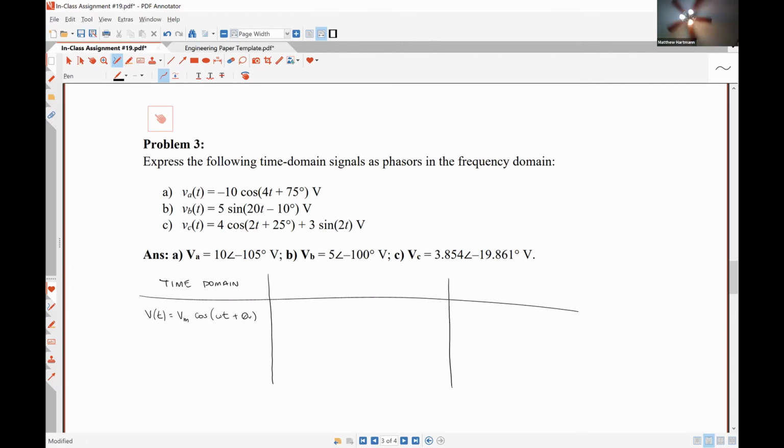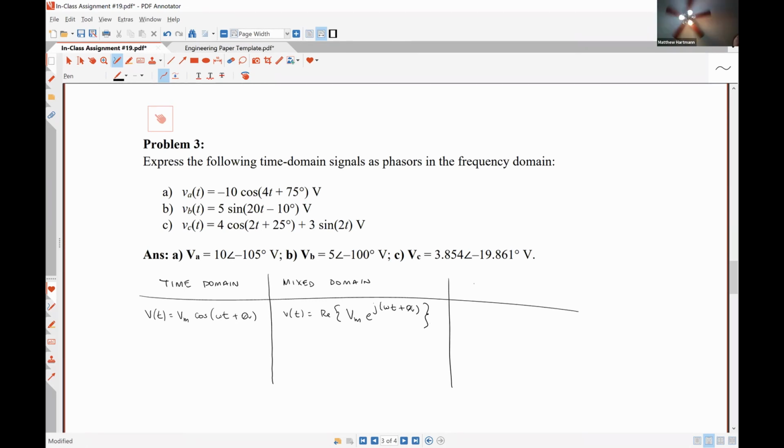We could work in what I call the mixed domain, where we recognize that V of t is simply the real part of the complex number Vm e to the j omega t plus theta v. And working with complex numbers in this form does make things a little bit easier.